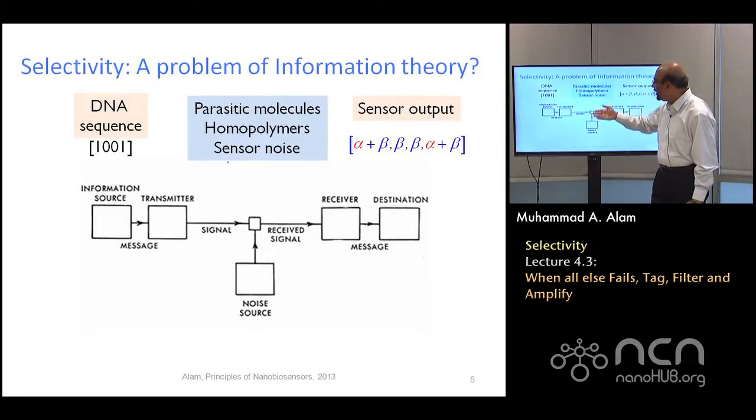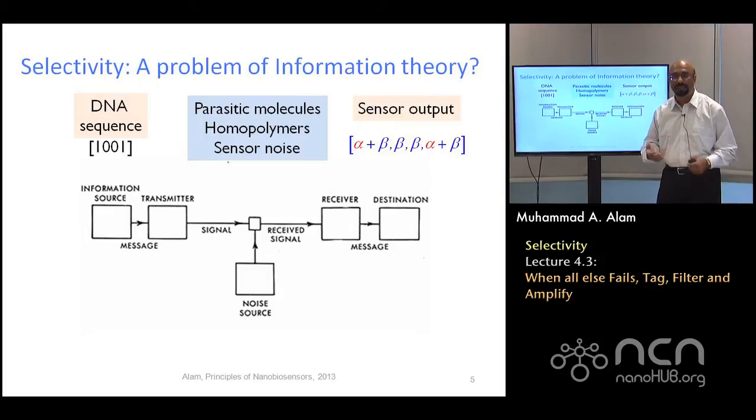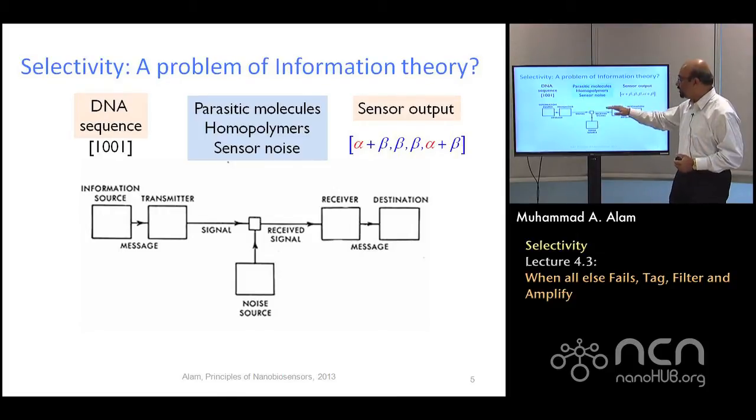The other way would be to make the channel better so that you suppress the noise. So these two ways, the matrix way of looking at the sensor problem for selectivity and the information theory way of looking at the selectivity problem, are essentially equivalent, and one can be mapped easily onto the other.